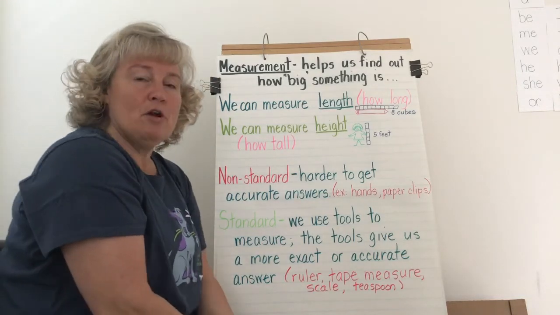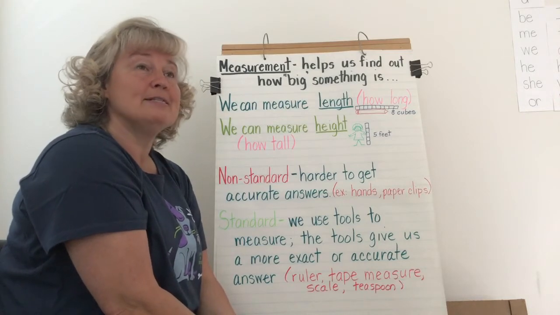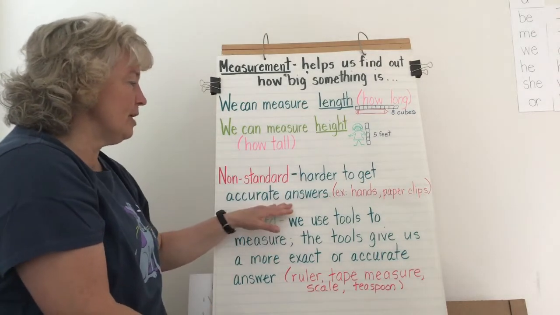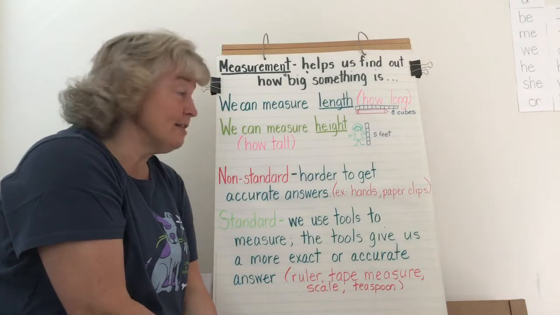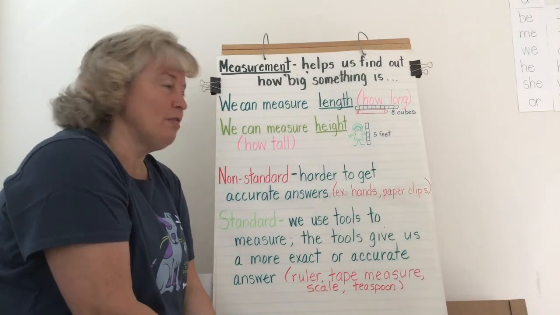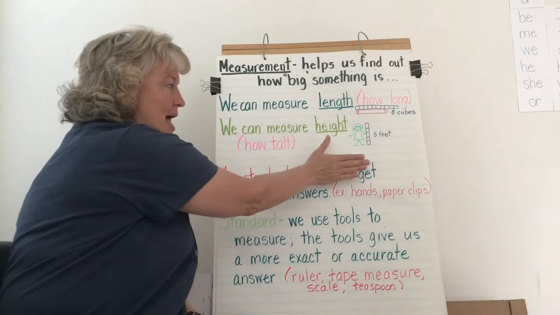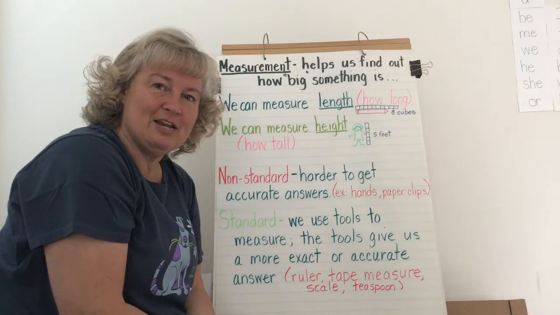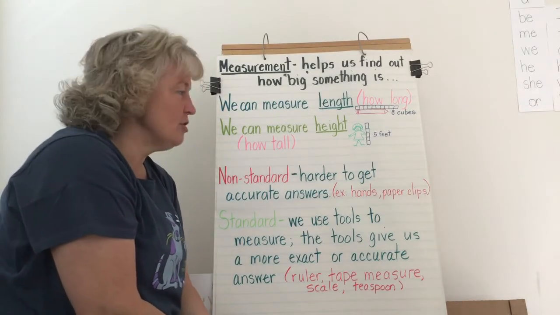So in measurement, there are things called non-standard measurement and standard measurement. So with non-standard measurement, it's sometimes harder to get an accurate or an exact answer because we would measure with things like our hands. And if I measure with my hand, it's much bigger than your hand, so we probably wouldn't get the same answer when we measured something.